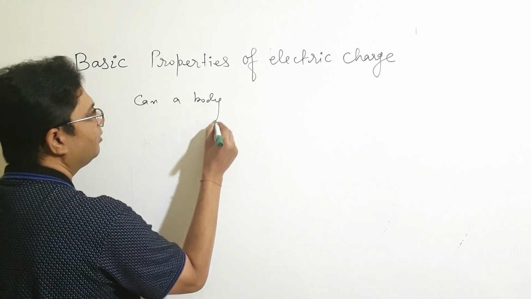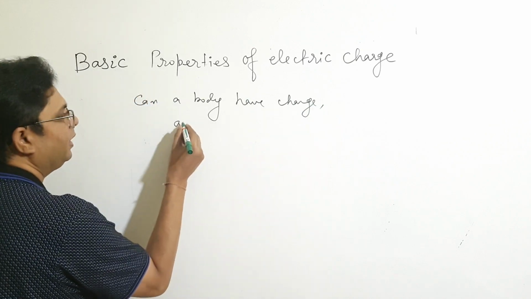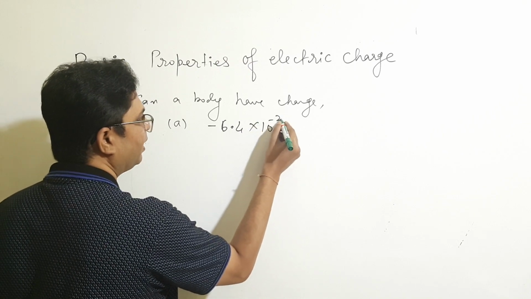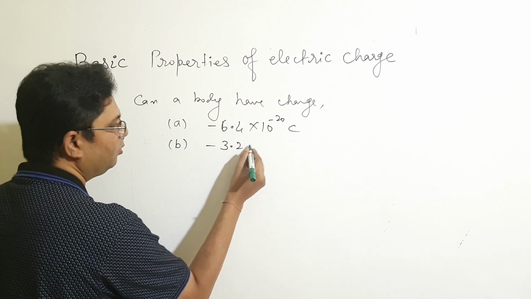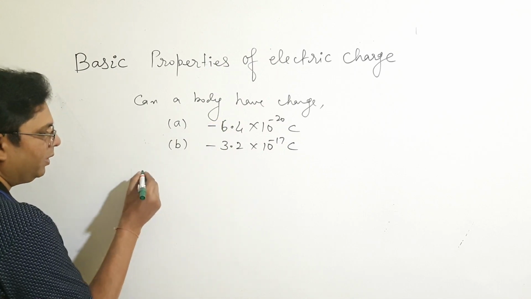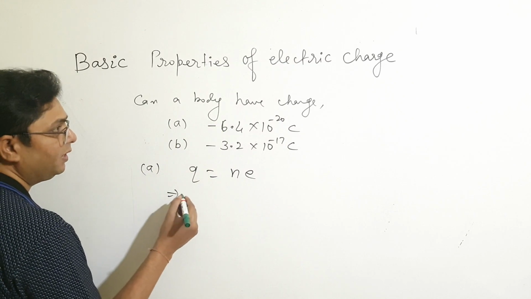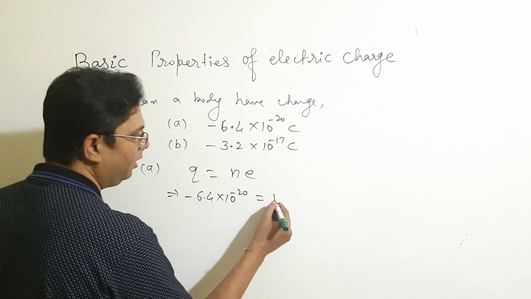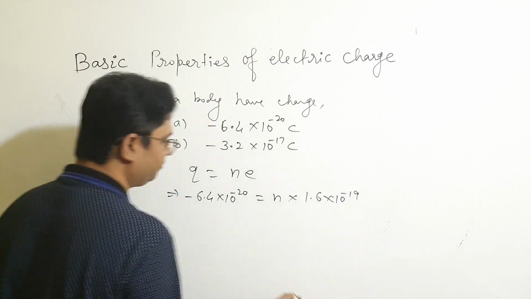Can a body have charge? Part A: minus 6.4 times 10 to the power minus 20 coulomb. Part B: minus 3.2 times 10 to the power minus 17 coulomb. Let us check. Part A: Q equals n e. The value of Q is given, minus 6.4 times 10 to the power minus 20, and the value of e is 1.6 times 10 to the power minus 19.